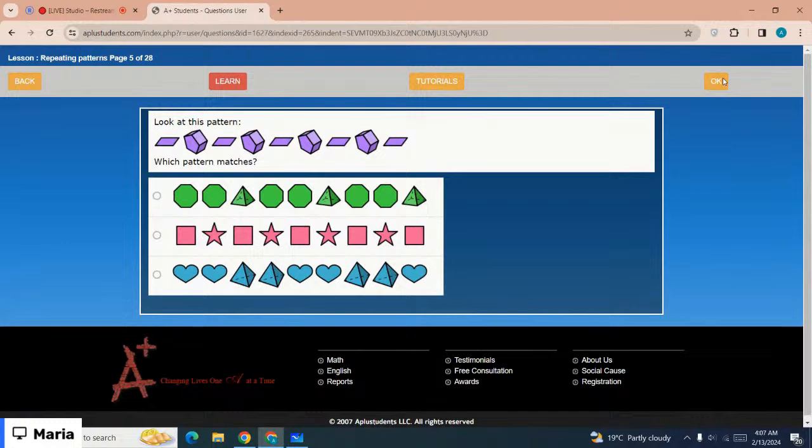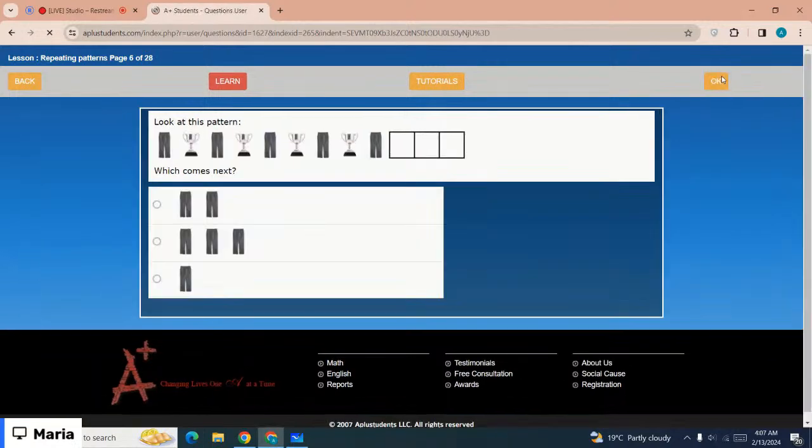You can say option 1, 2, and 3, right? Look at the matching pattern. Look at this pattern, then which pattern matches? So which is the correct option? Very good. The second one is the correct option. Look at this pattern. Which comes next?